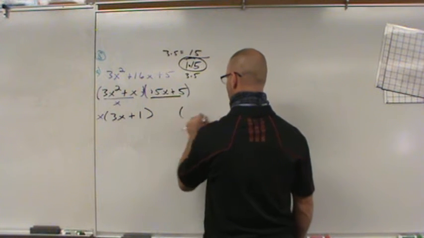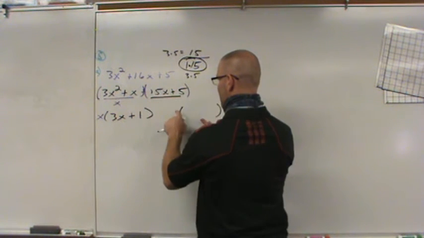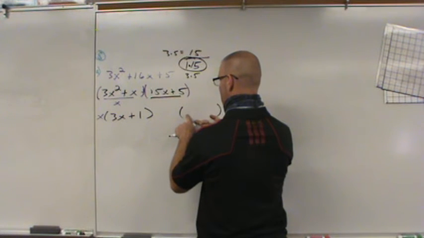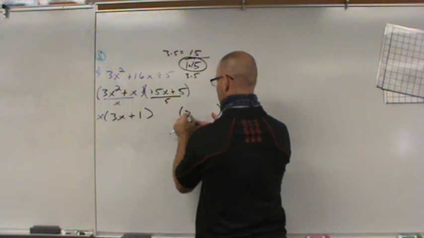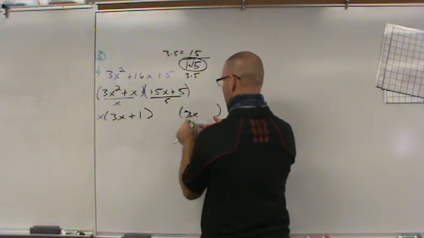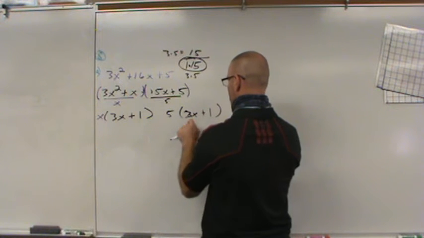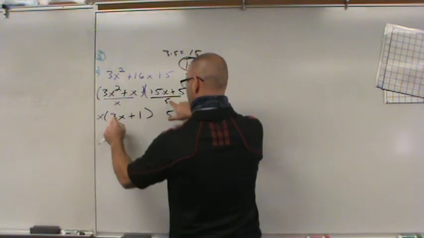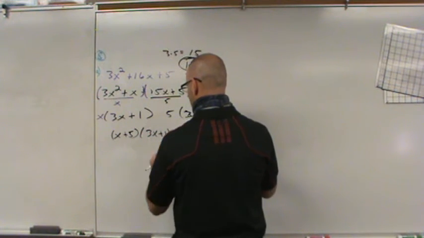And then over here, I got to factor out. I want this second parenthesis to be 3x plus 1. 15x divided by what gives me 3x? Well, 15 divided by 5 is 3. I get to keep the x. 5 divided by 5 is 1, so plus 1. Both of them are the same. What I took out, x plus 5, becomes one factor. 3x plus 1 becomes the other.